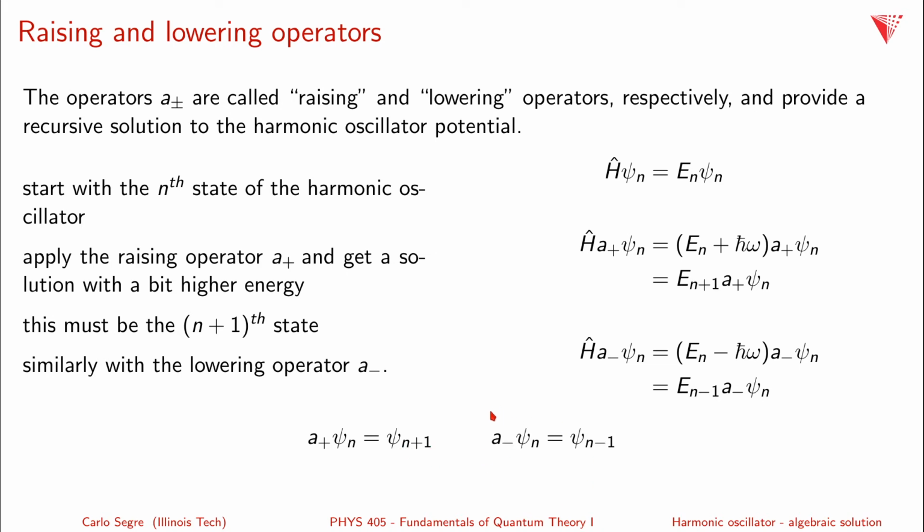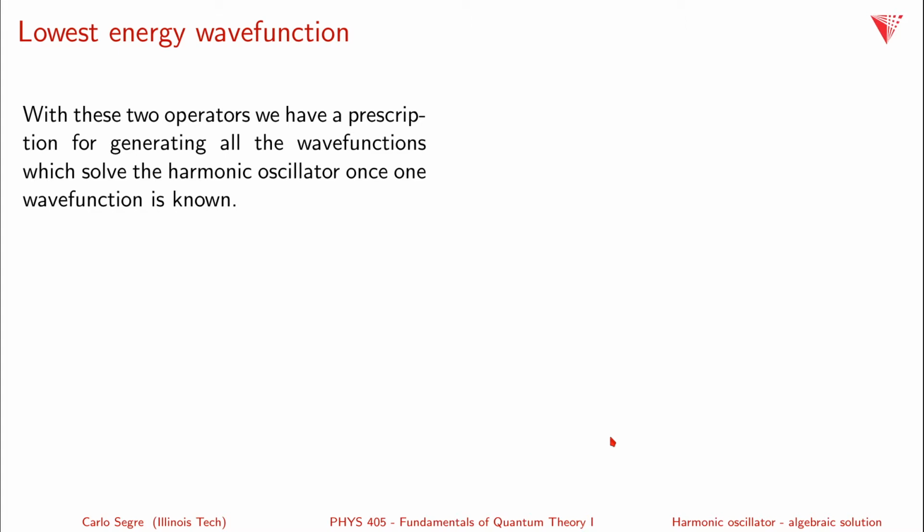And the lowering operator applied to the wave function gives the lowered state, the n minus 1 state. So when I apply the raising operator first and the lowering operator second, I get back to the nth state, or vice versa. So now, with these two operators, we have a prescription for generating all the wave functions which solve the harmonic oscillator once we know one wave function.